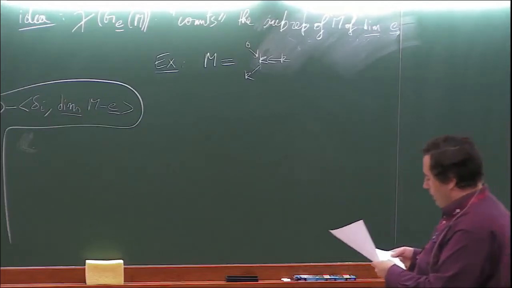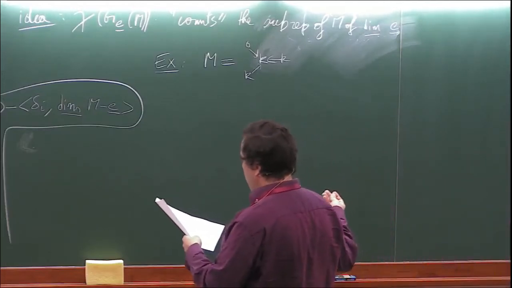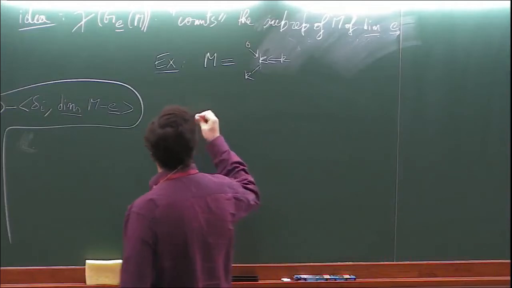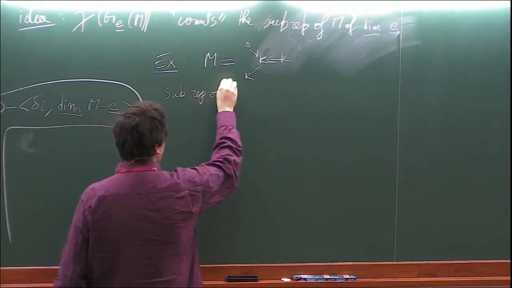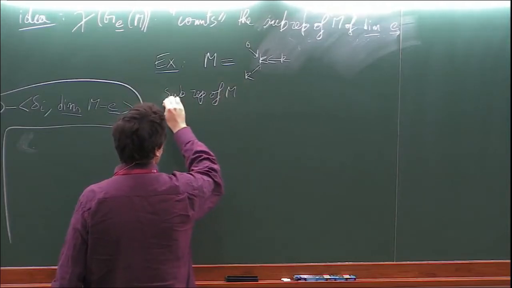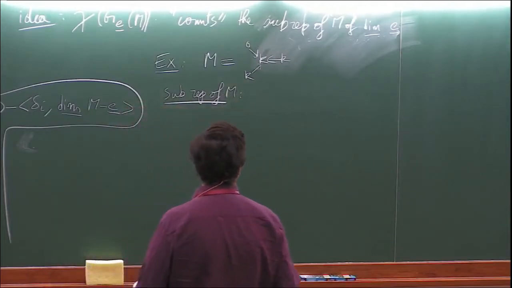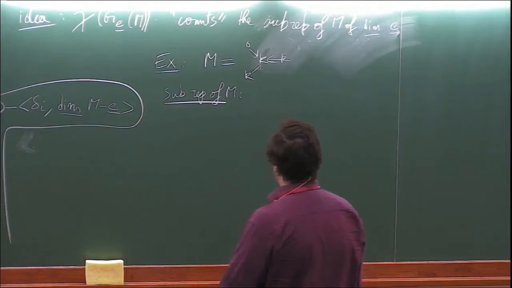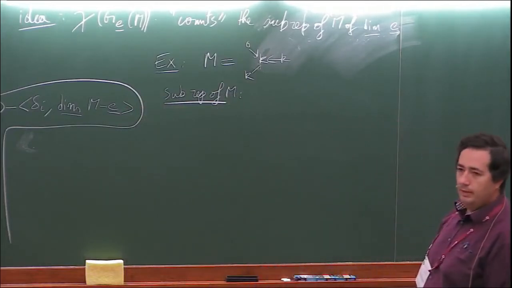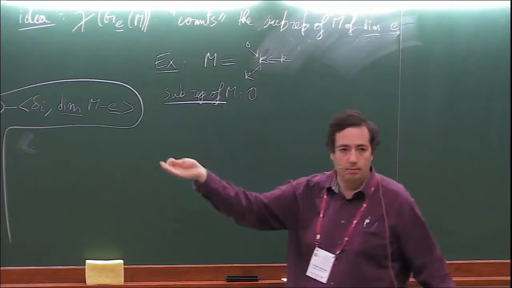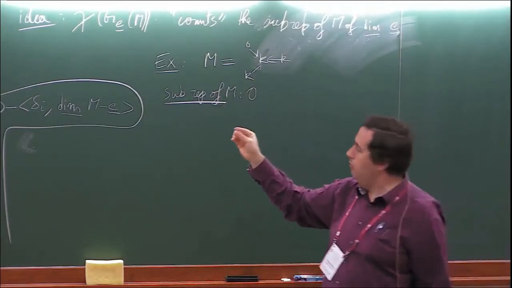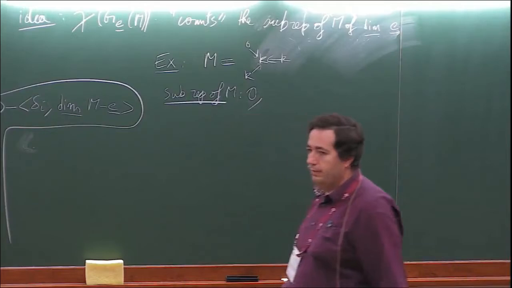So what are the possible sub-representations of M? There are actually not that many. There are 5 of them, if I didn't miscompute. So there is 0 itself, meaning 0 everywhere, which is always a sub-representation of anything.